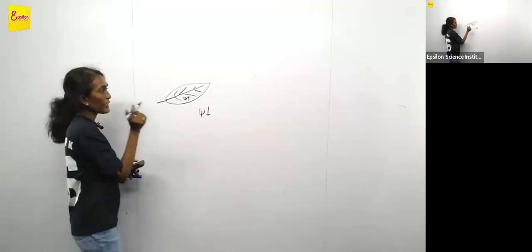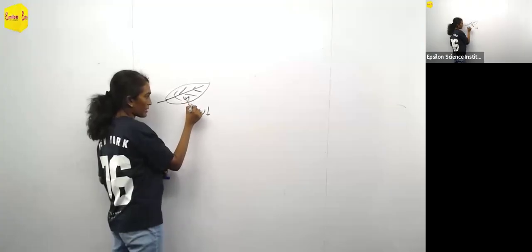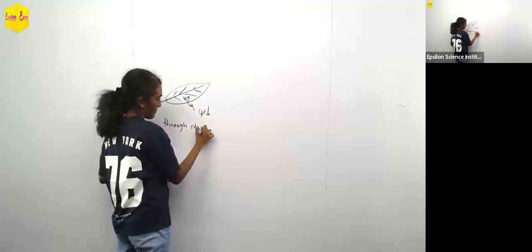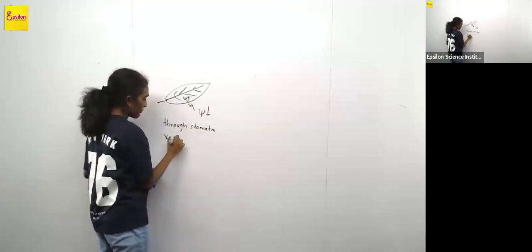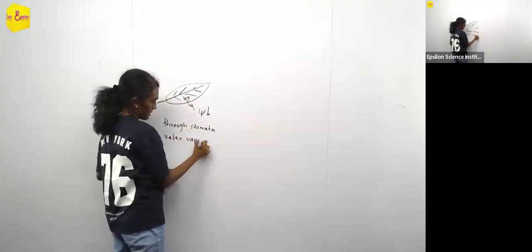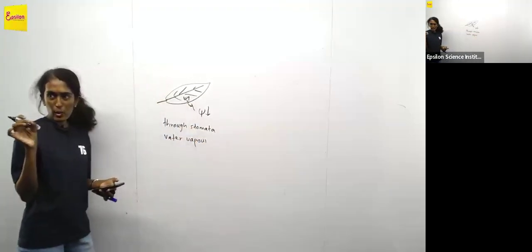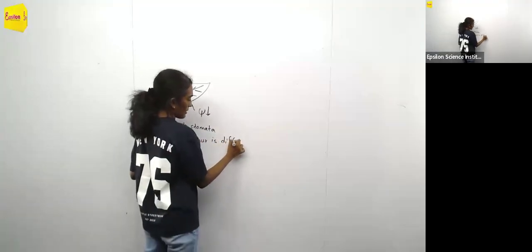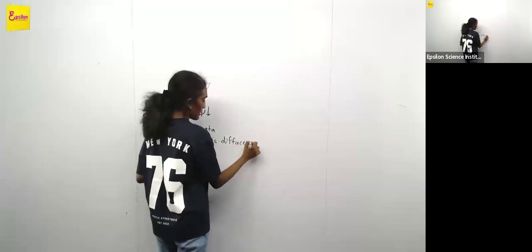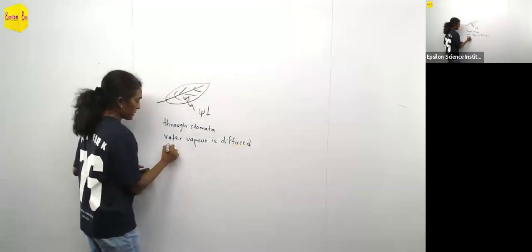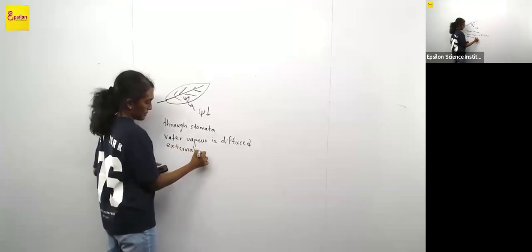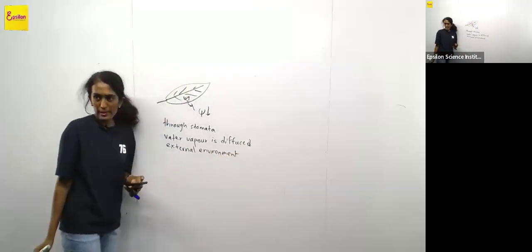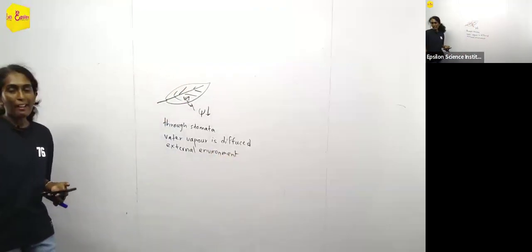So according to the water potential gradient, water vapor diffuses to the stomata and out to the external environment. There is diffusion because there is an opening, there is no barrier. This is a passive process, so there is no need for ATP energy.